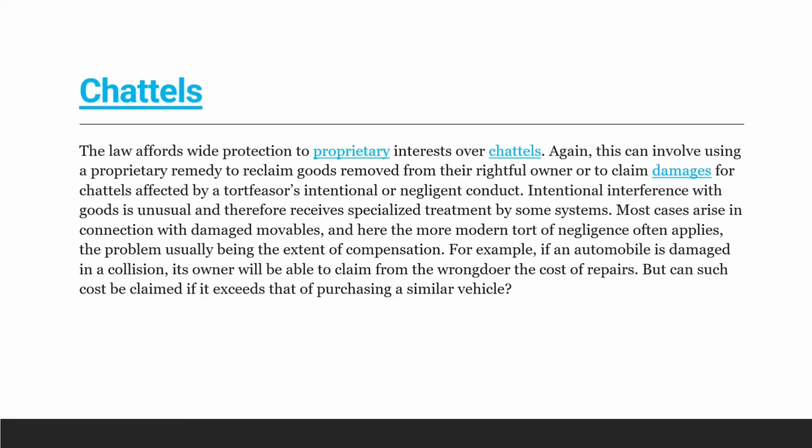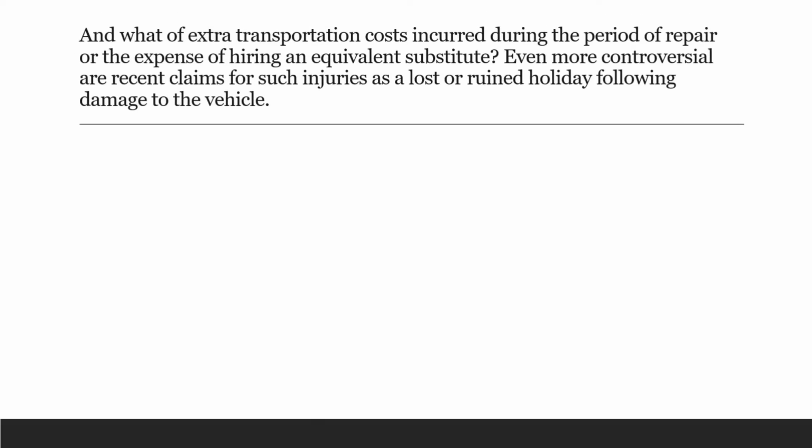For example, if an automobile is damaged by collision, its owner will be able to claim from the wrongdoer the cost of repairs. But can such cost be claimed if it exceeds that of purchasing a similar vehicle? And what of extra transportation costs incurred during the period of repair or the expense of hiring an equivalent substitute?